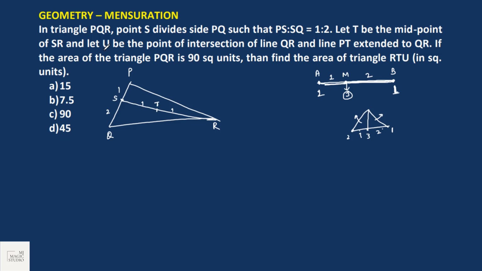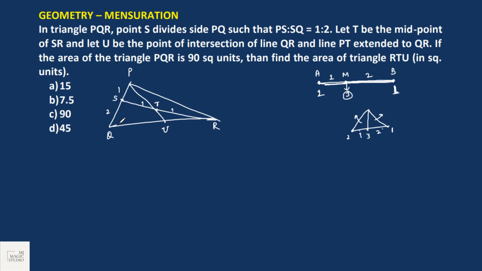And U is the point of intersection of line QR and line PT extended. So if I join PT and extend, it will meet QR at point U. If the area of triangle PQR, the whole area, is 90 square units, then find the area of RTU in square units. Now let us use this mass point theorem and fill up all the points we have.